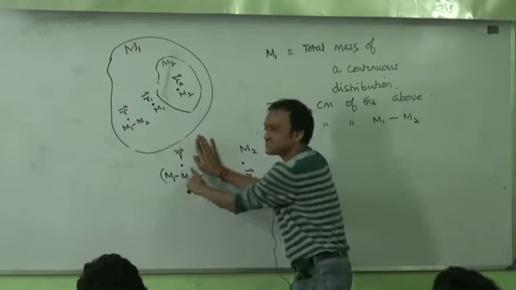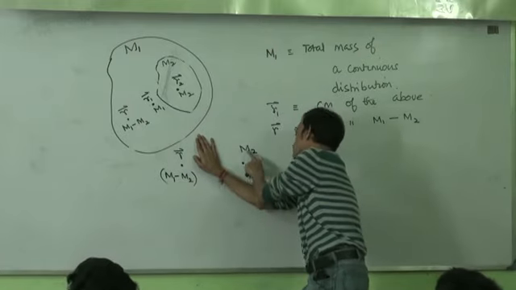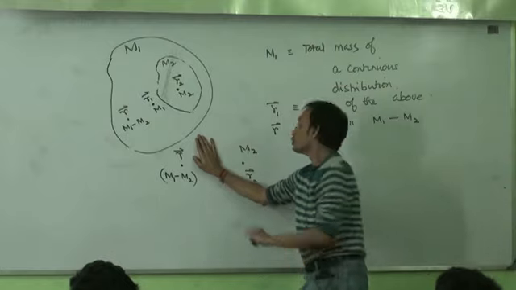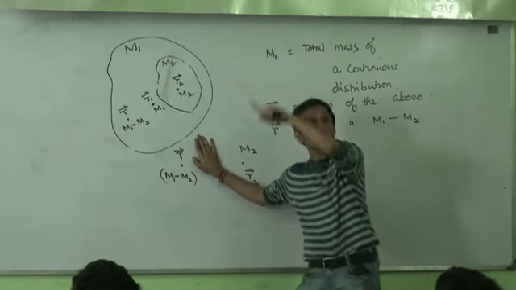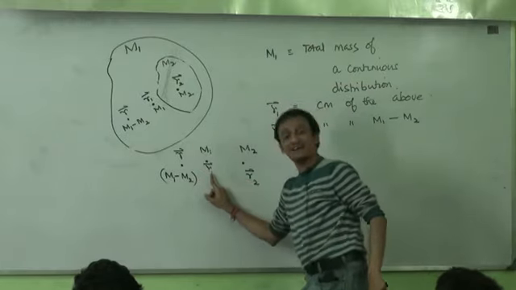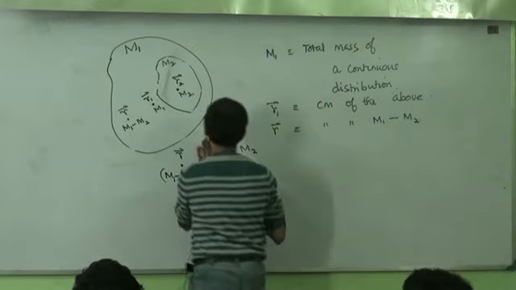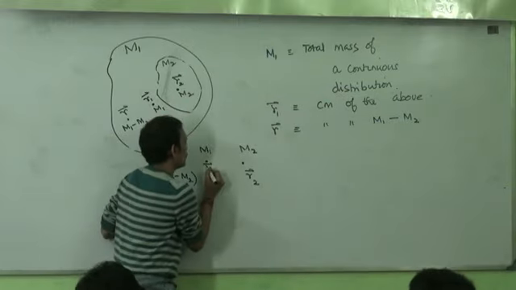m1 minus m2 has its center of mass at R. m2 has its center of mass at R2. So m1 minus m2 plus m2, which is the total mass, has its center of mass at R1. Now, what we learned a little while ago was the following.